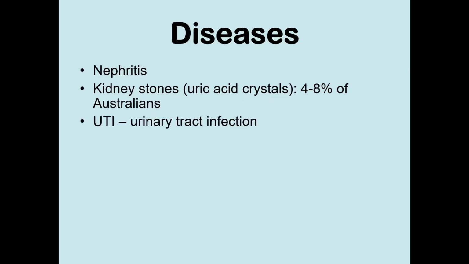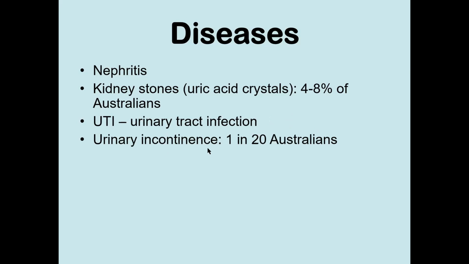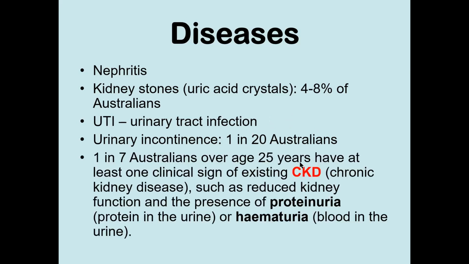Urinary tract infections, usually in the females, because their urethras are much shorter than the males, and it's quite easy to get an infection in the urinary tract. Urinary incontinence, I didn't realize it was so high. 25% of Australians have some degree of incontinence.